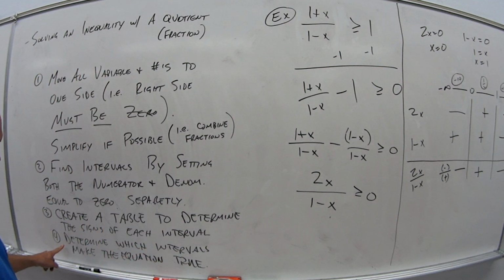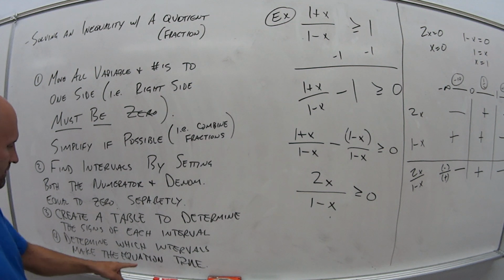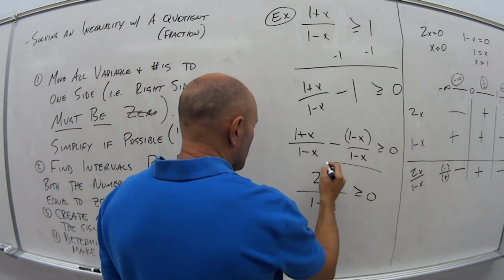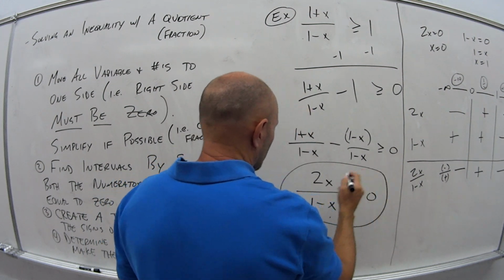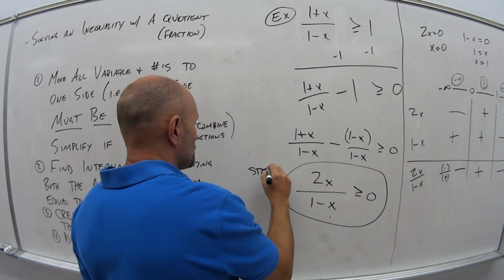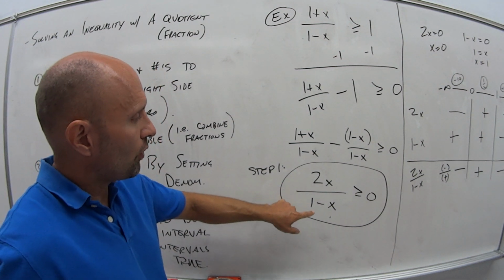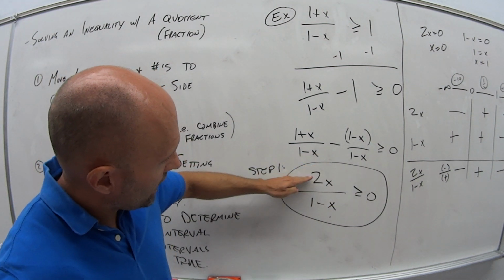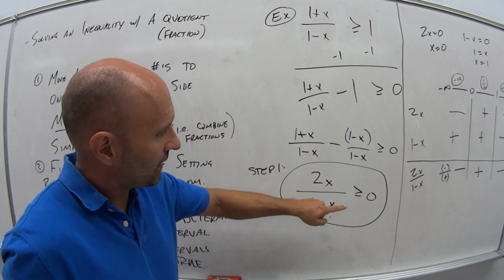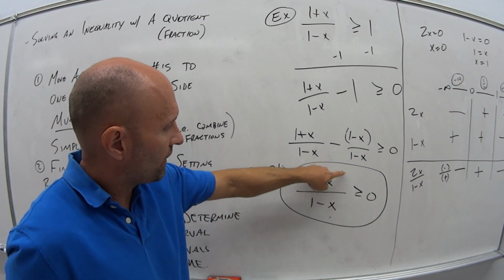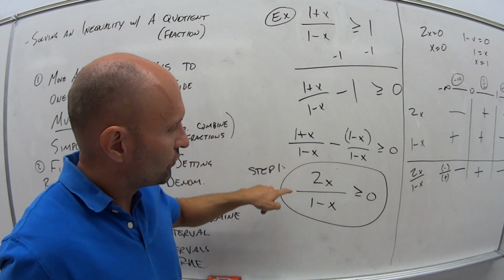Lastly, step 4, determine which intervals make the original equation true. So my equation here, this was step 1, this is the equation I'm worried about. I want to know where is 2x divided by 1 minus x greater than or equal to 0. That means this thing is what?